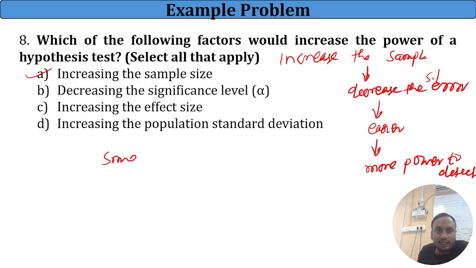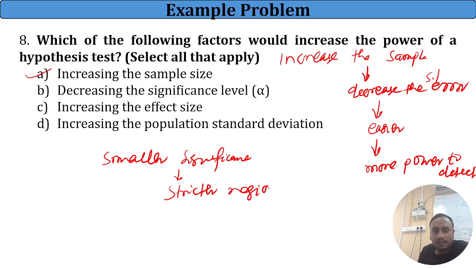When we decrease the significance level, we have a stricter criterion to reject H naught, which reduces the rejection region. So power will decrease.